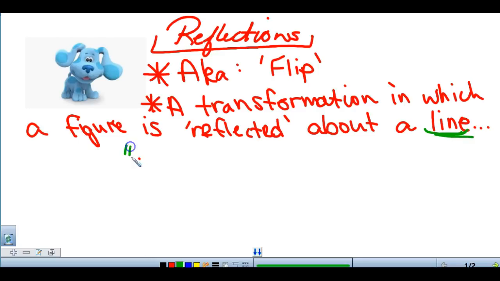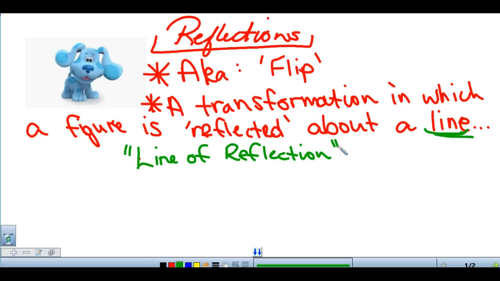It's called the line of reflection. I know, very, very unique name. I have no clue how they even thought of such a unique name, right? But that is our line of reflection, okay?